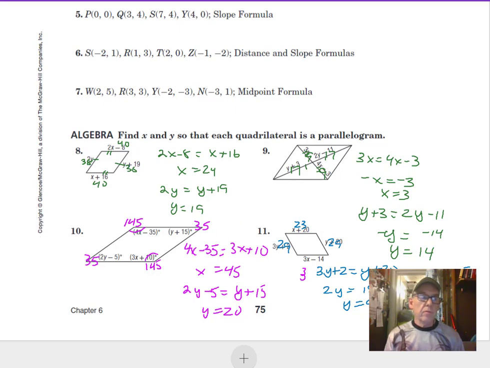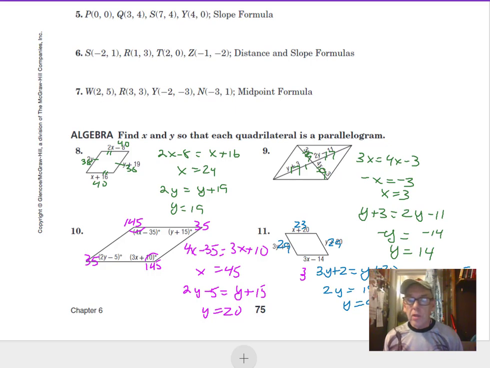Let's look. I'll do this in purple. Okay, so let's see. X plus 20 has to equal 3x minus 14. So take away 20 from both sides.